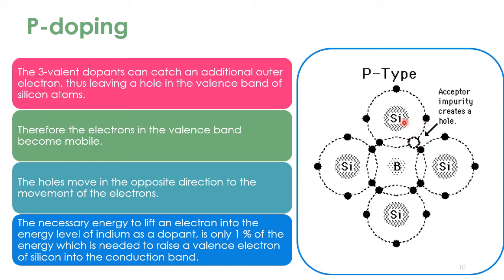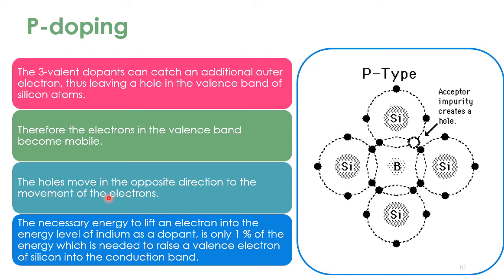Therefore, the electrons in the valence band become mobile. This hole gives the possibility for another electron to come in and move from one place to another. The hole moves in the opposite direction to the movement of the electron.